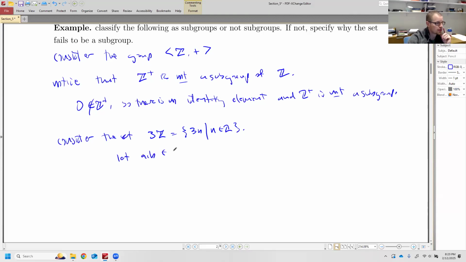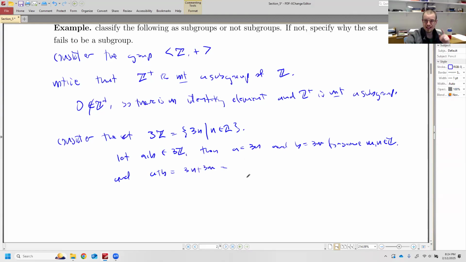Let a and b belong to 3Z, then a is equal to 3n and b is equal to 3m for some m and n that are integers according to our definition of the set. And let's see here, a plus b is 3n plus 3m. And of course, I can then recognize this as 3 times n plus m, because I have the wonderful characteristics of commutativity.